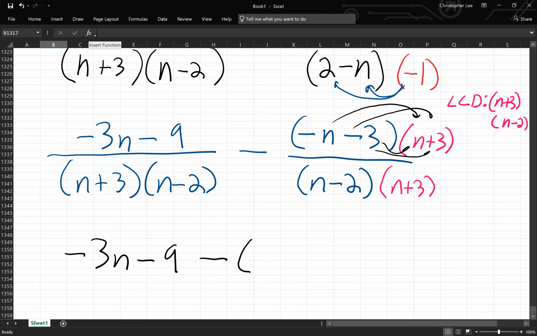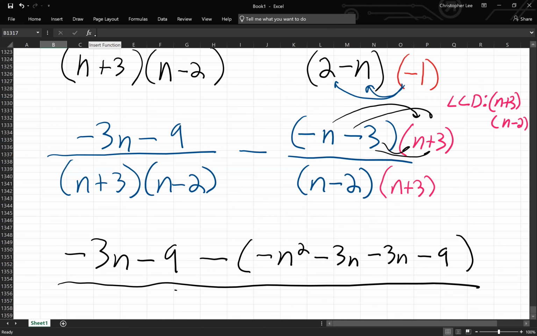Negative n times n is negative n squared. Negative n times 3 is going to be a negative 3n. Negative 3 times n, that's a negative 3n. Negative 3 times positive 3 is going to be a negative 9. All divided by the LCD, which is what? N plus 3 times n minus 2.